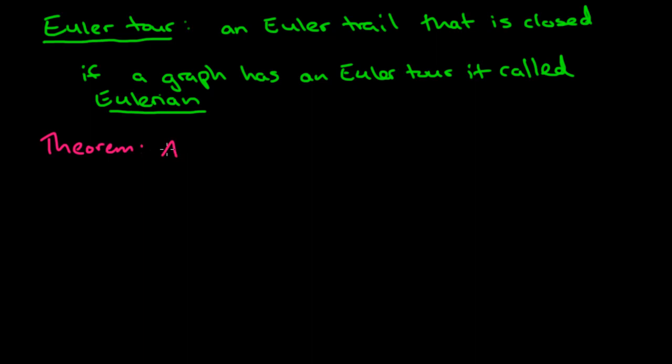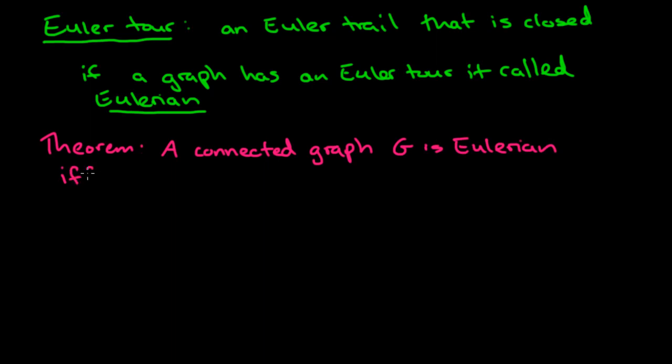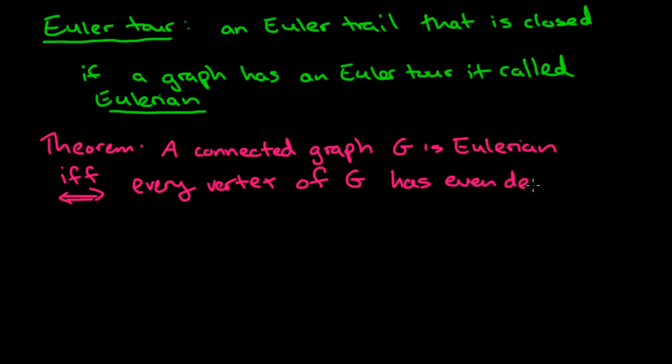A connected graph G is Eulerian if and only if, and just for mathematical reasons we sometimes write IFF for if and only if, and that can also be replaced by this symbol, every vertex of G has even degree.